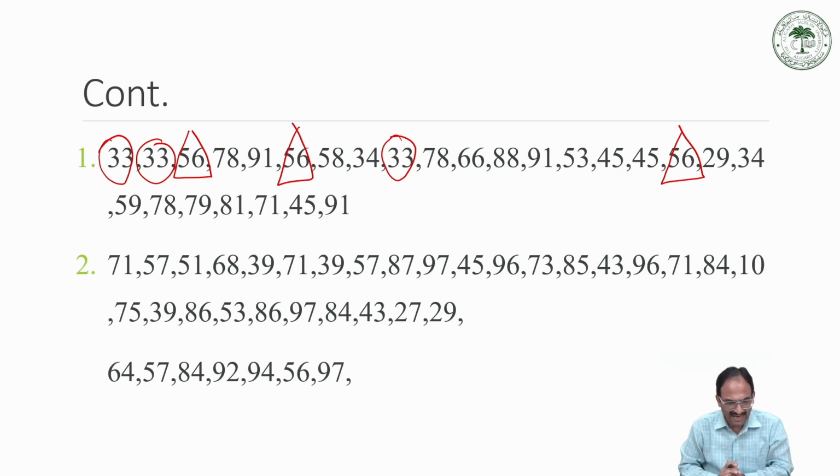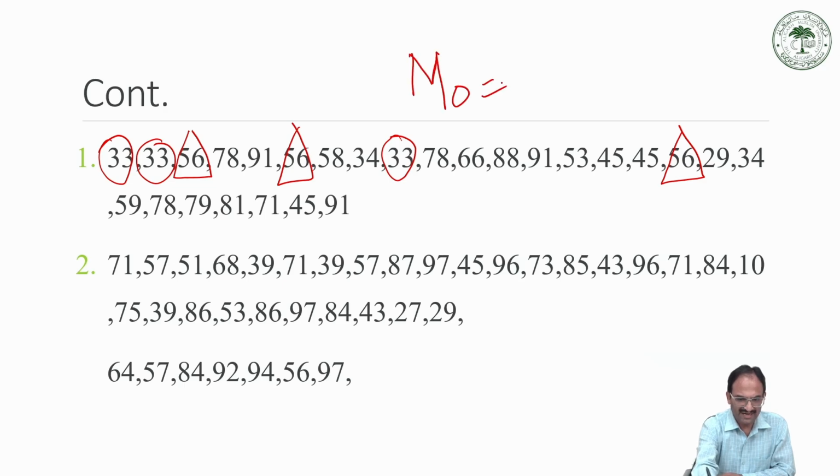Now, again, this is the situation in which two numbers are appearing most of the time. Two numbers have the highest frequency. 33 has appeared 3 times. Similarly, 56 also has appeared 3 times. So, in order to calculate mode, you will find the mean of 33 and 56.